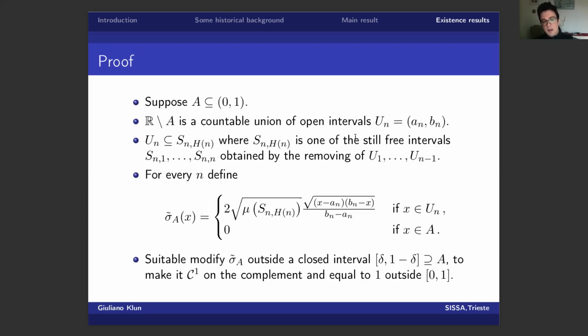It is C1 on the complement of this interval, and we can also assume that, because we have space between 0 and delta and between 1 minus delta and 1, to adjust the function to make it C1 outside this interval and constant 1 with 0 derivative outside [0, 1].